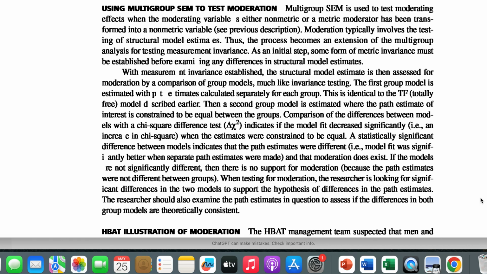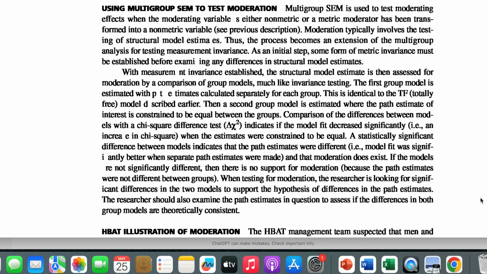Then the second group model is estimated where the path estimate of interest is constrained to be equal between the groups. Comparison of the differences between the models uses the chi-square difference test. If the model fit decreases significantly, that is, there is an increase in chi-square when the estimates are constrained to be equal, a statistically significant difference between the models indicates that the path estimates were different.